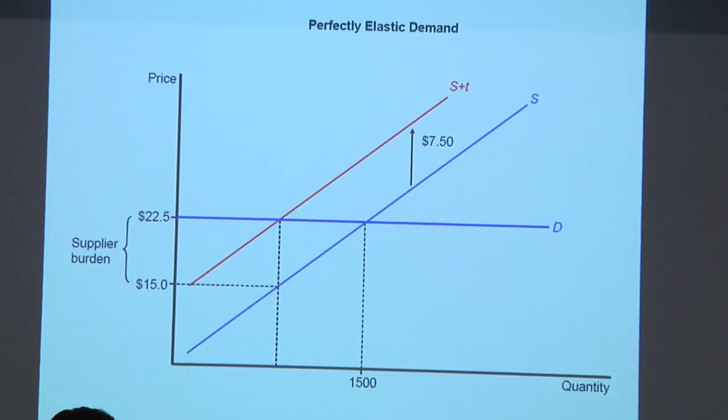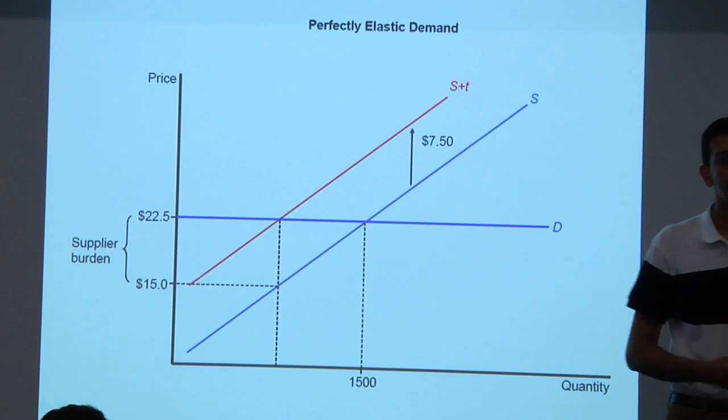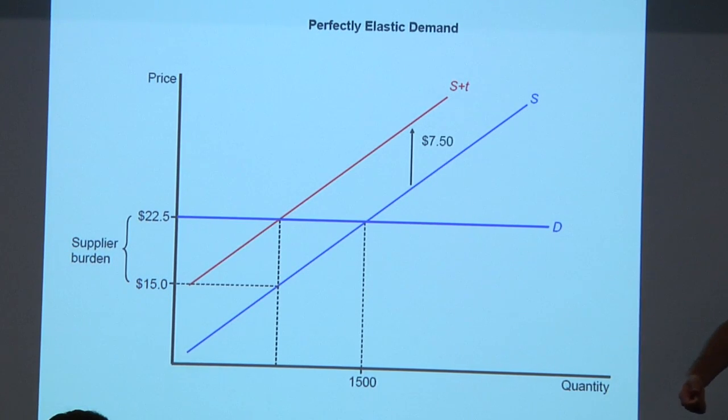Conversely, if demand is perfectly elastic, so take, for instance, the case of two virtually identical products, and I don't really care if I'm buying product A or product B, and we levy a tax on product A, then everybody just shifts to product B. And so in order to make the market clear, the supplier really cannot increase the price of product A at all when it's taxed. Otherwise, he's going to lose the entire market.